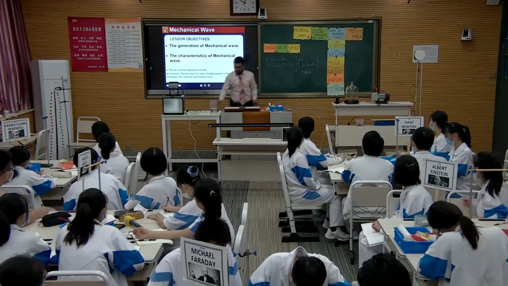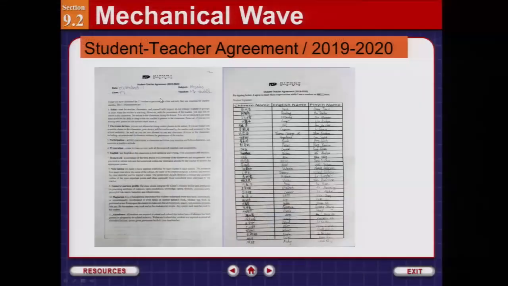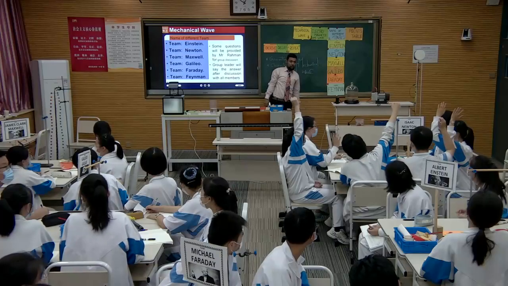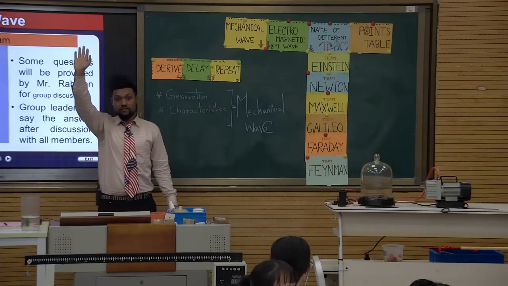Yeah. Good. Now let's go to the student-teacher agreement that you already signed. You can see over here that everybody signed that you will speak in English in my class, right? Promise? Good, that's good. I know you are really very good. And also we have 5 different groups here: Isaac Newton, raise your hand. Good. The Albert Einstein group. Good.